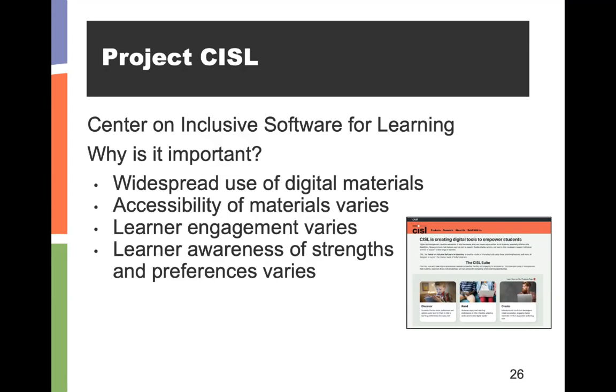The amount of engagement the learners have with those materials varies, and the learners' awareness of their strengths and preferences varies. I have an image here of the CISL website, and if you want to learn a little bit more about the CISL project, you can head over to the website at CISL.cas.org, and I'm sure Leslie will put that in the chat for you as well.